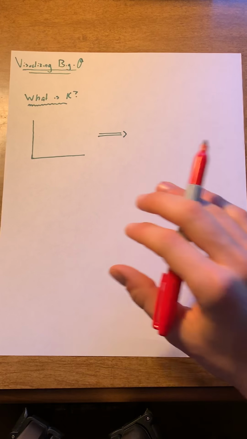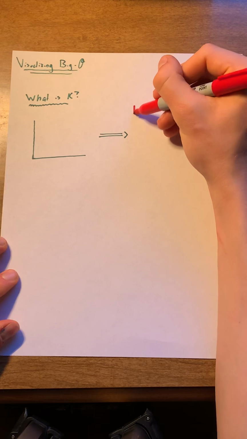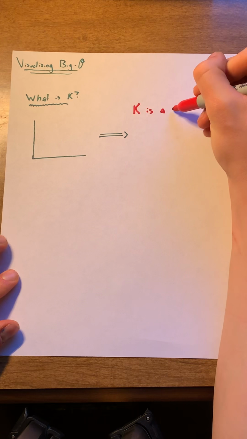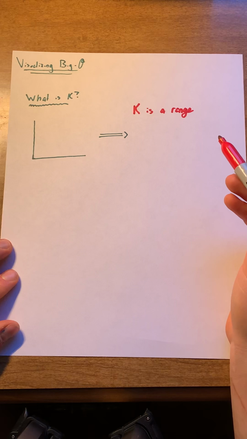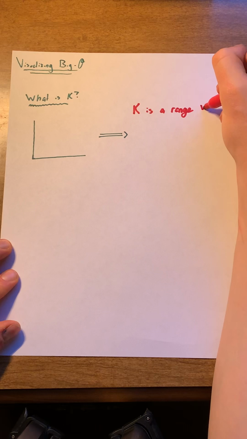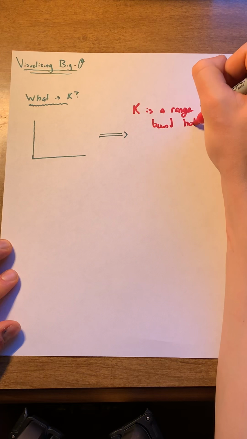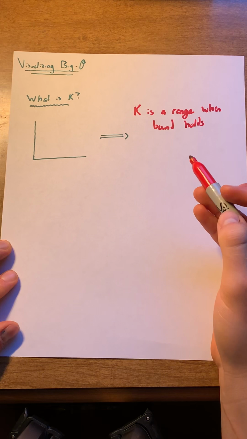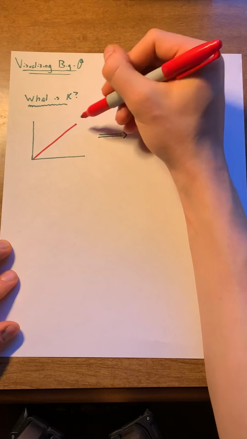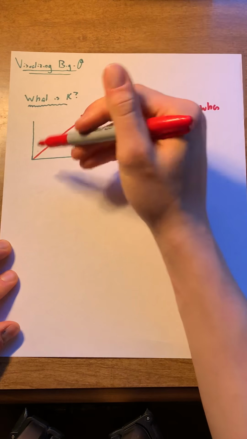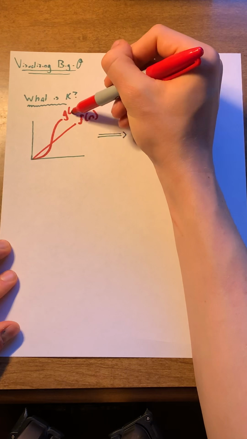Now, you've also been asked to find what is a k value. K is a range. So this is when our bound holds. For example, suppose this is our function, f of n. Let's say we have some other function that grows like this.